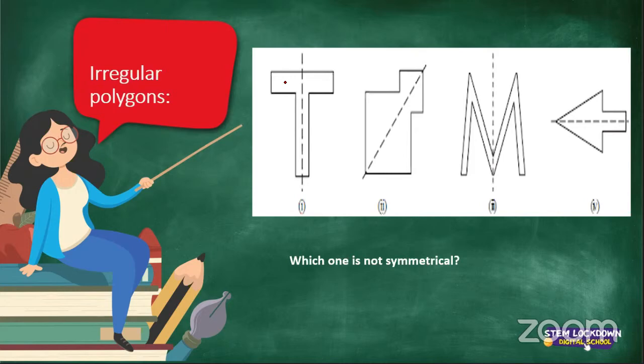You had a heptagon, all the lines were equal. So an irregular polygon is where you have these shapes and even though it can be 1, 2, 3, 4, 5, 6, 7, 8, it has 8 sides, it doesn't have a fixed shape like an octagon would have.